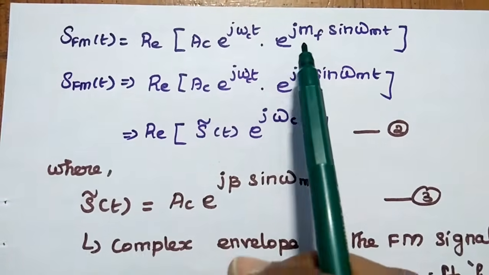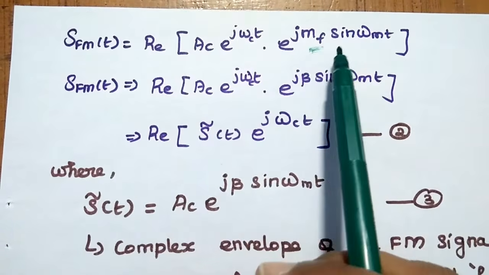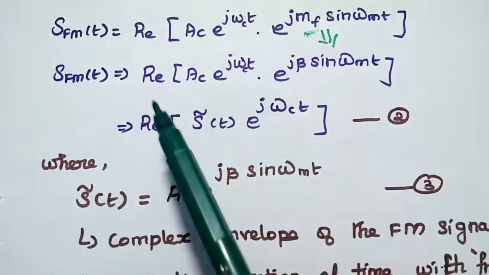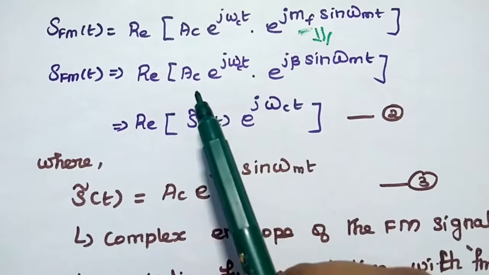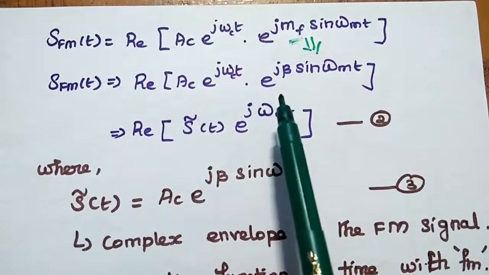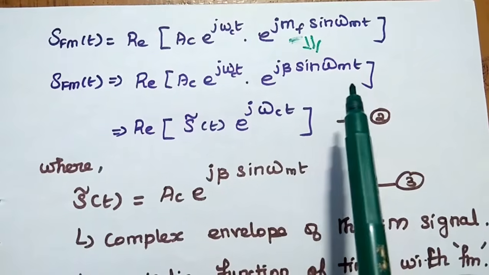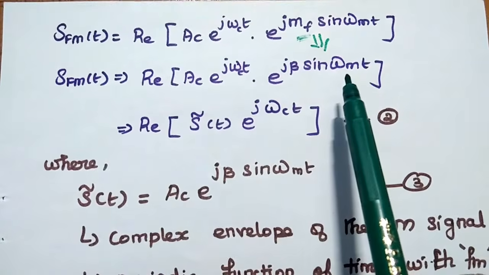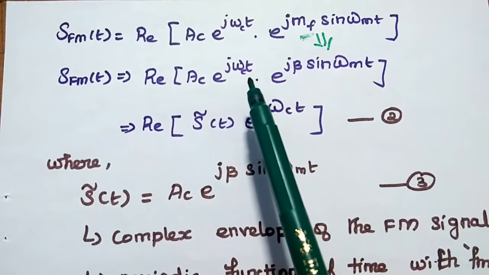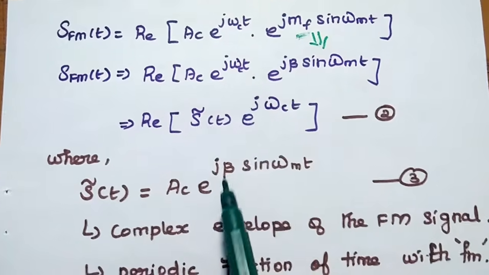This mf is nothing but beta; both are the same, which is why I have rewritten the statement like this. So the real part of Ac e power j omega c t multiplied with e power j beta sin omega m t. Here omega m is the modulating frequency and omega c represents the carrier frequency.